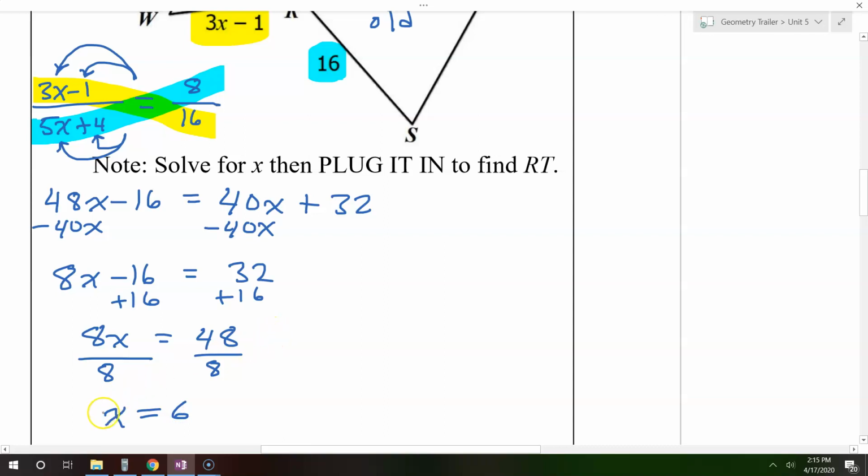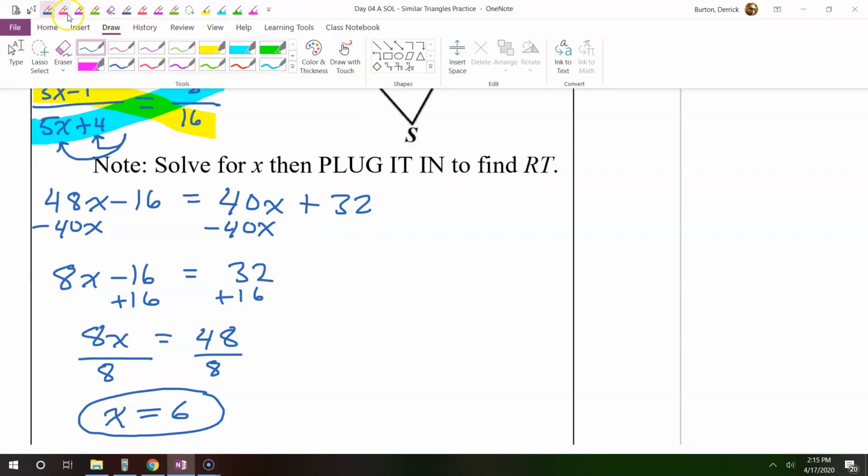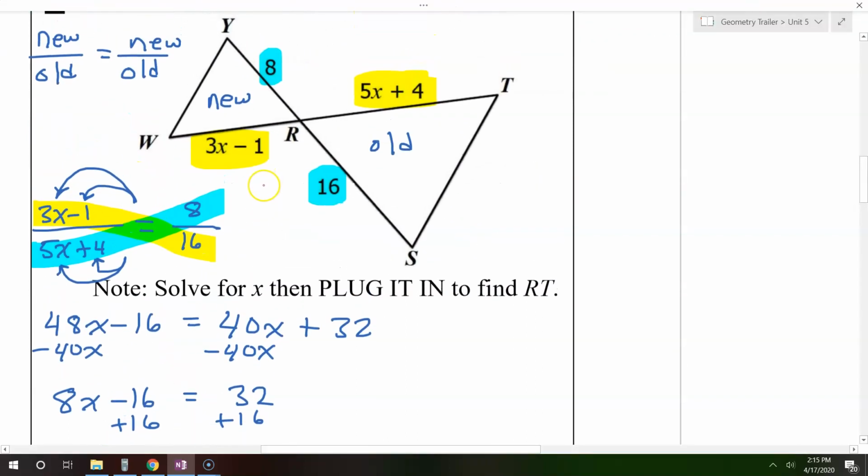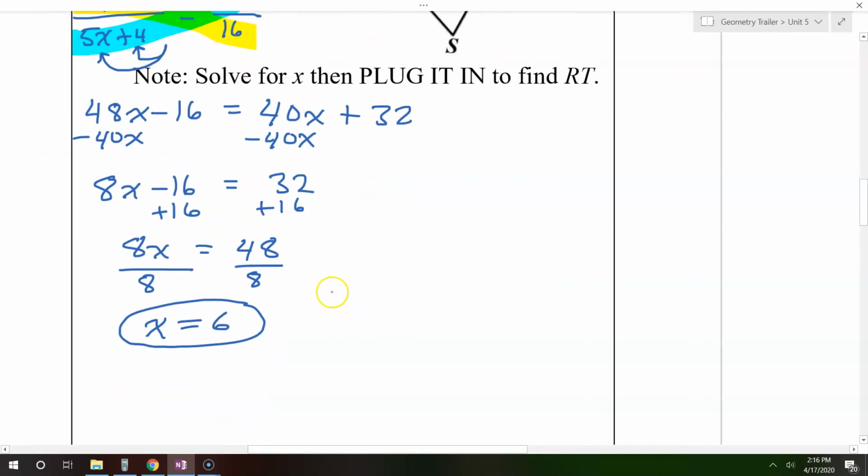However, this is not the final answer. This is just phase 1. Now we're supposed to plug that in and find RT. Okay, so RT is right here. All right, RT is 5x plus 4.